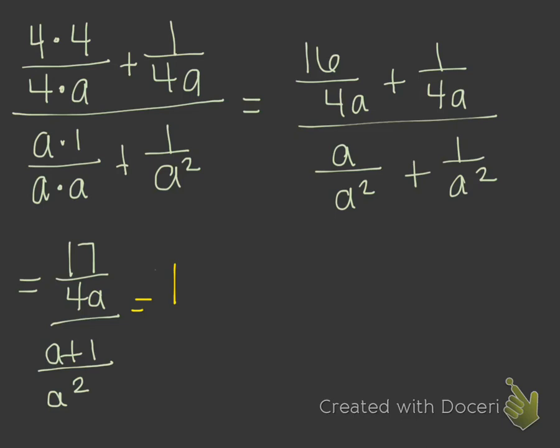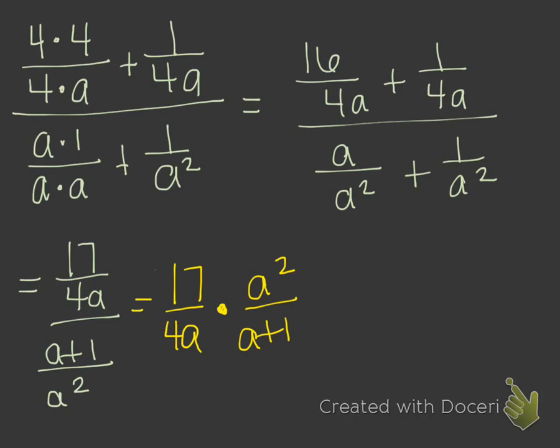So keep the numerator, change division to multiplication, and flip the denominator. So the numerator stayed the same, I have multiplication, and the denominator is now reversed.